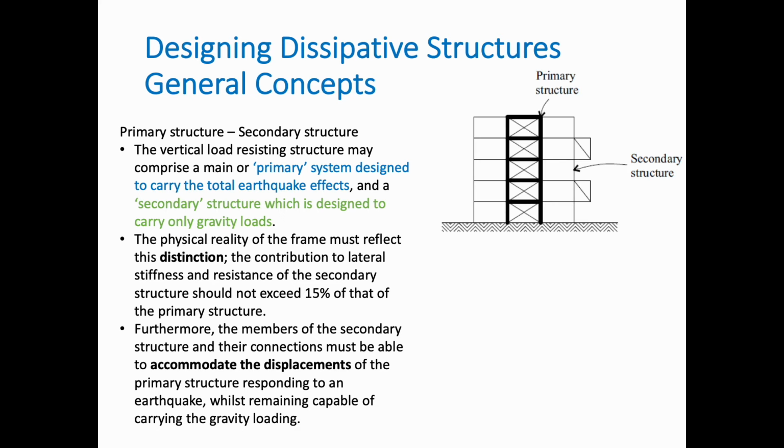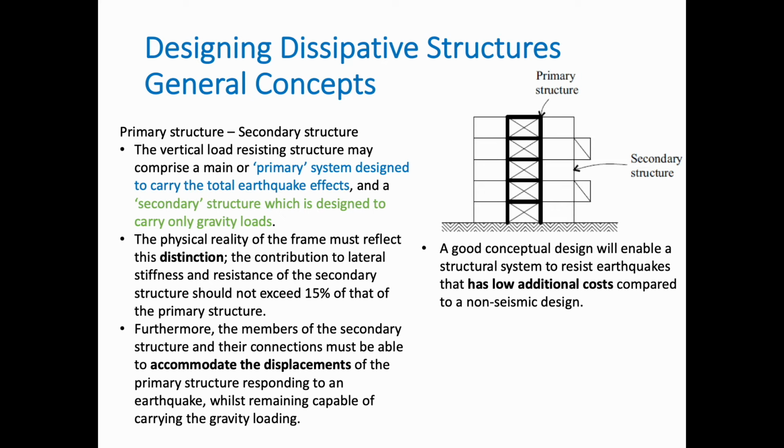So in a quick schematic representation, this is what we need. We need a primary structure, which can be a strong frame in the middle, a braced frame or something else, and then we have the secondary structure, which is all around that. A good conceptual design will enable a structural system to resist earthquakes that has low additional costs compared to a non-seismic design, and that's extremely important.